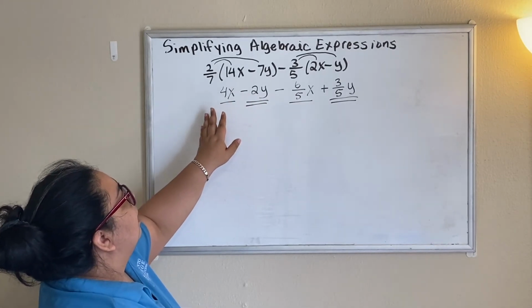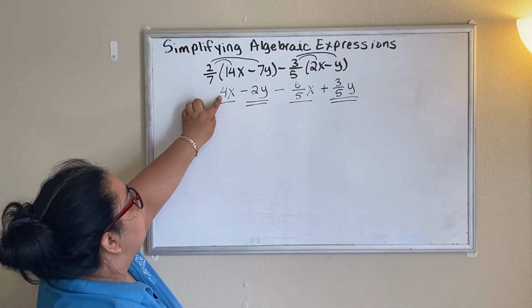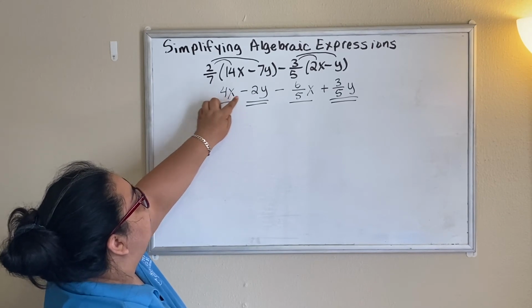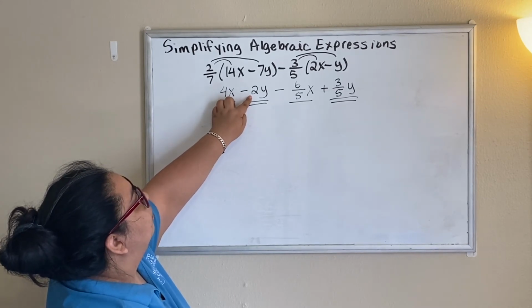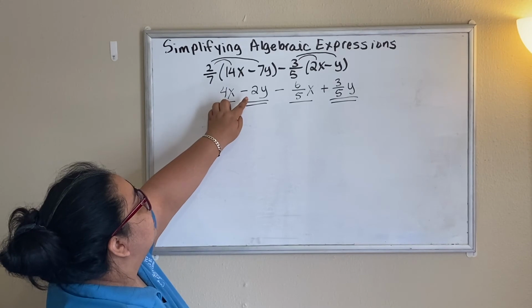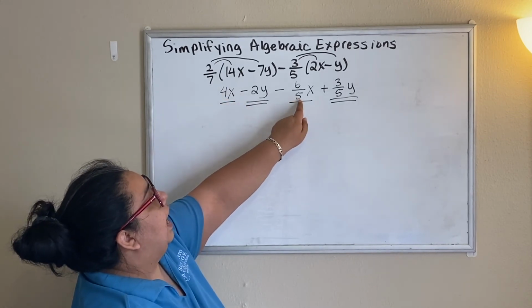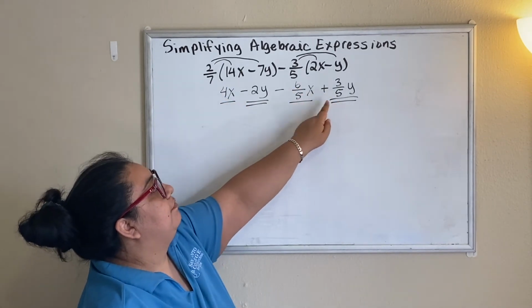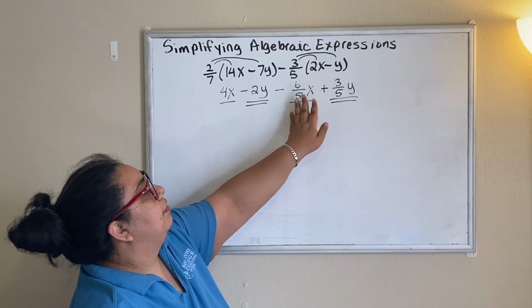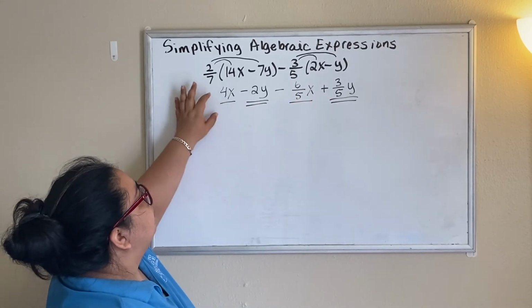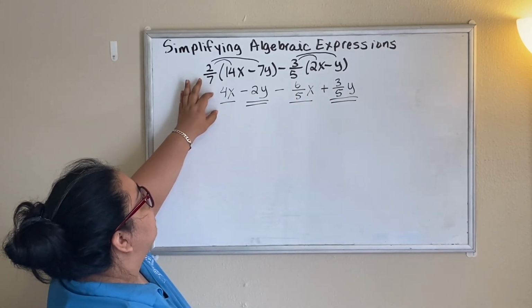Now, in order to combine with fractions, I'm adding and subtracting fractions, so I need to get common denominators. I need to turn 4x into a fraction, and I need to turn 2y into a fraction with the same denominators as my 6/5 and 3/5. So I have a common denominator of 5 over here, and I need to change these to fractions with 5 in the denominator.